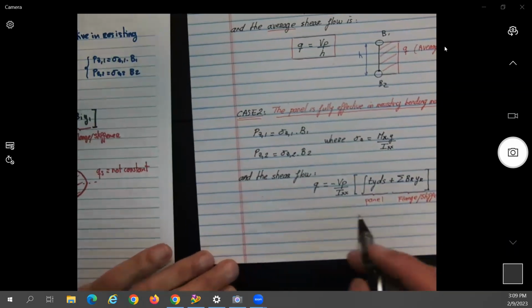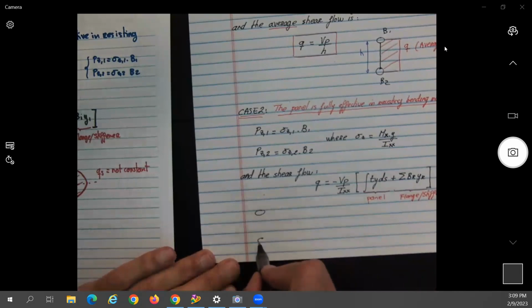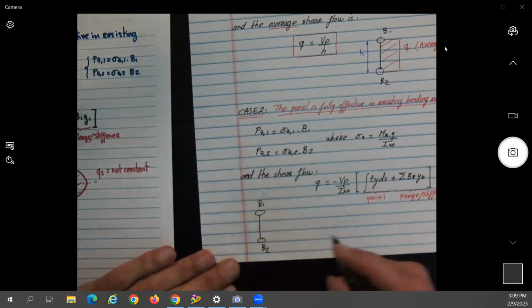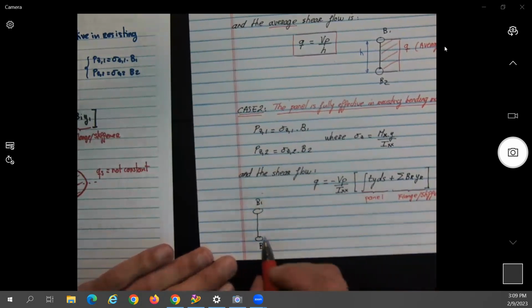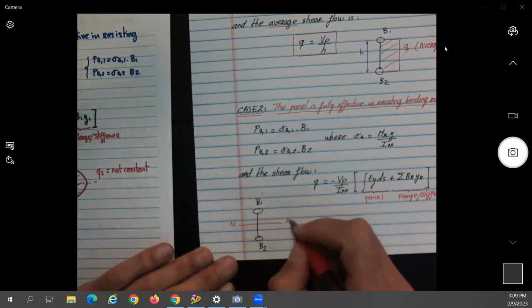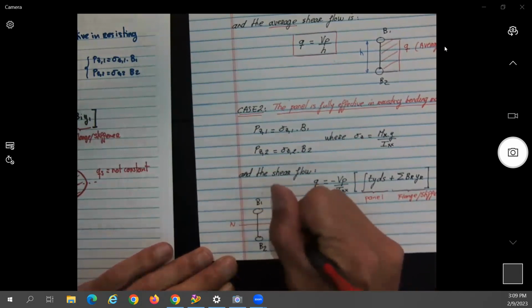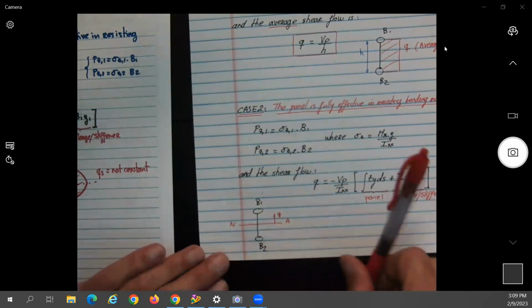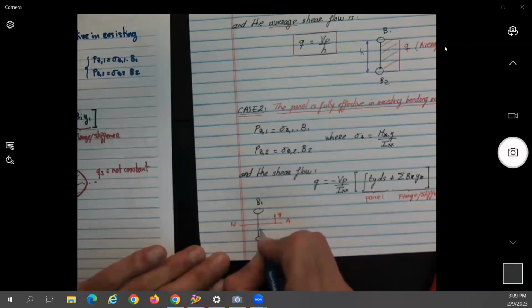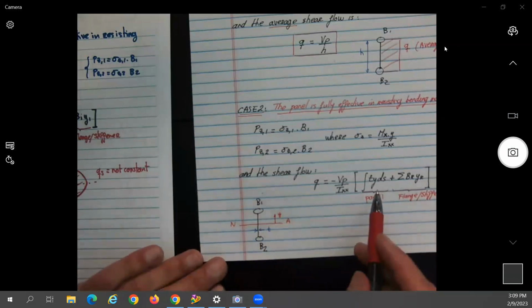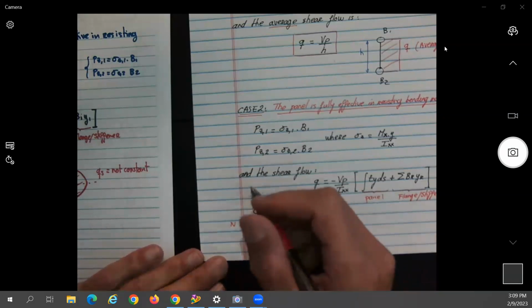So in that case, if you have here B1 and B2, this is where what we have done before comes in handy. In the middle, we have the neutral axis. So from the neutral axis is from where you measure the y distance. This would be the thickness of the panel. If you need to take into consideration this term, then what do you need to do, guys?